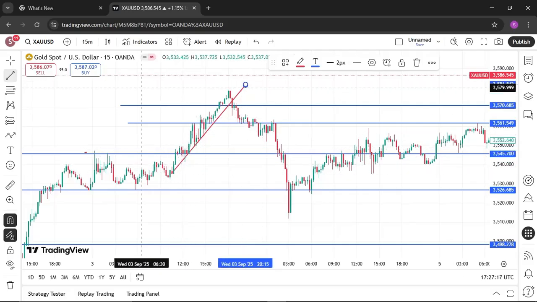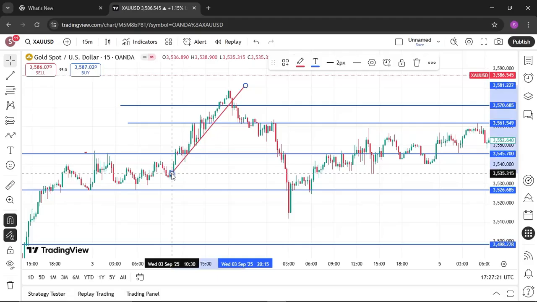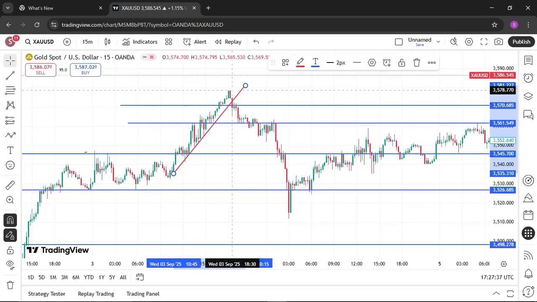You see, the market has been touching the line several times here, creating the lower highs. Whenever the market is going up, it comes back and touches the line until the market breaks the line here.